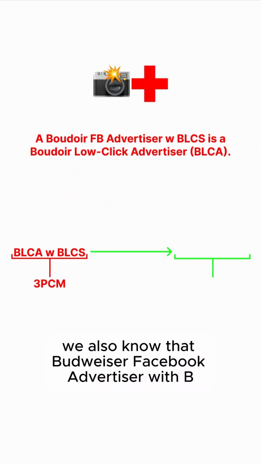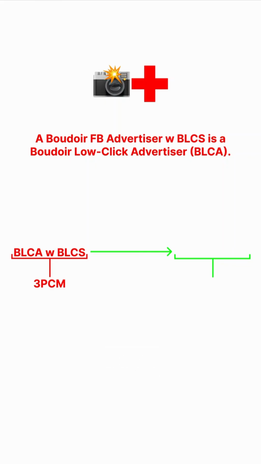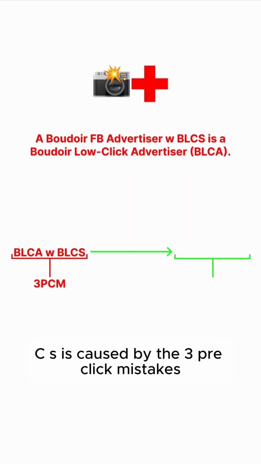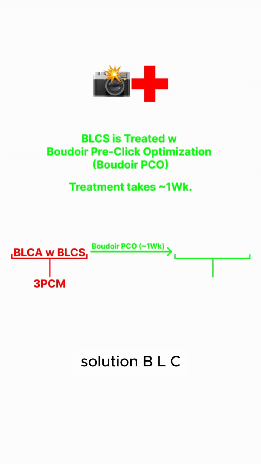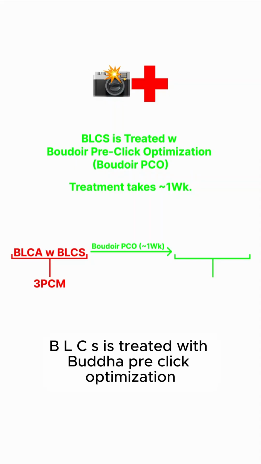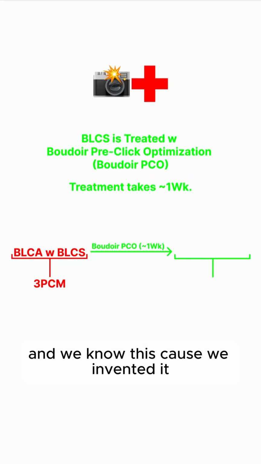We also know that a Boudoir Facebook advertiser with BLCS is a Boudoir low click advertiser, a BLCA. So building our universe here, we've got a BLCA with BLCS, caused by the 3 pre-click mistakes. Solution: BLCS is treated with Boudoir pre-click optimization, aka Boudoir Pico, and treatment takes about a week. And we know this because we invented it.